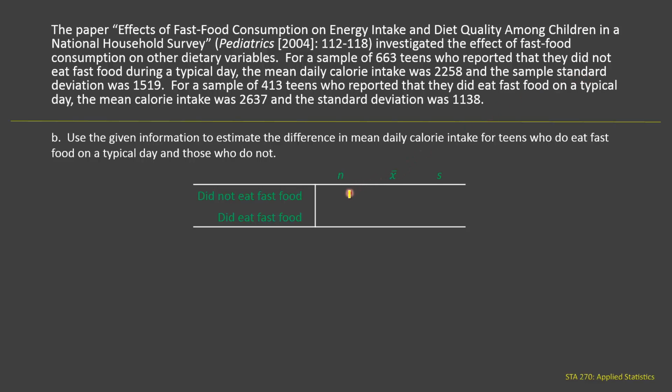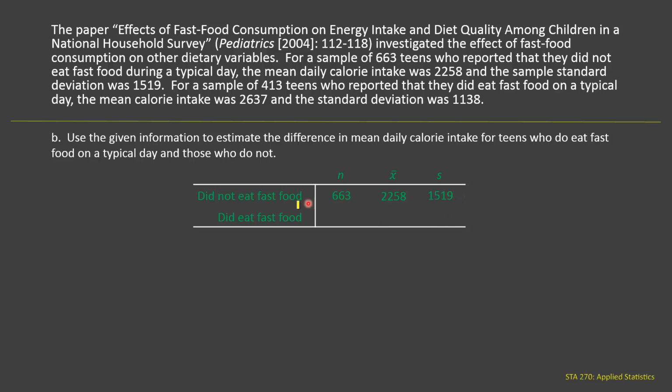So 663 is our sample size. The mean daily calorie intake was 2,258 for that group, so that goes right in here for x bar. And the sample standard deviation was 1,519, right in there.